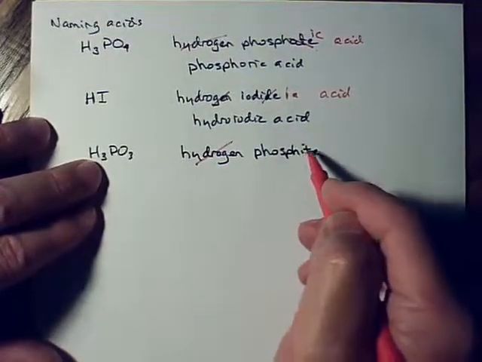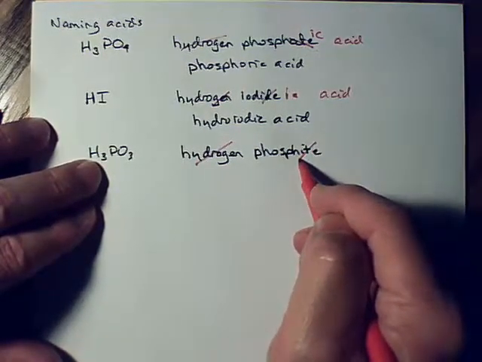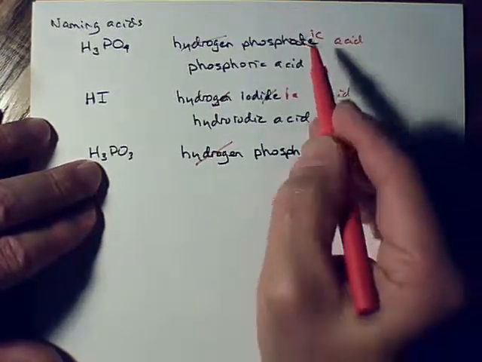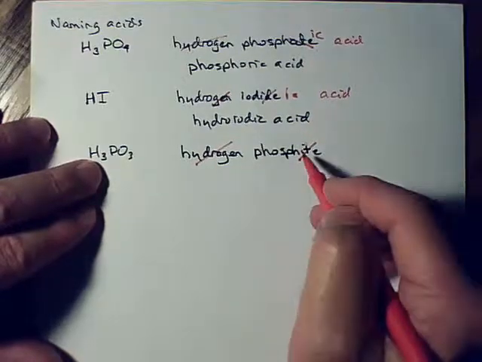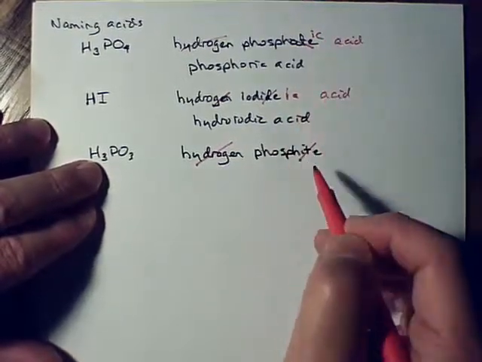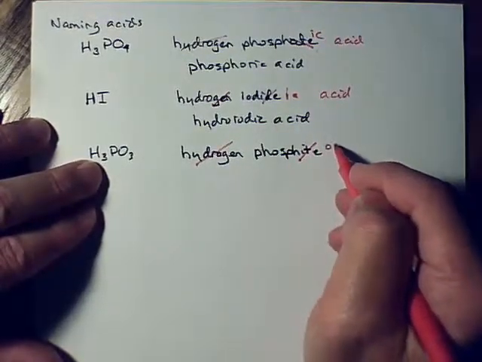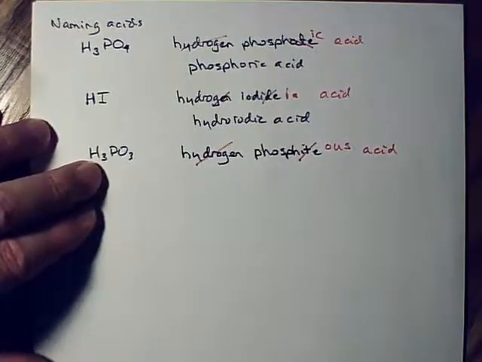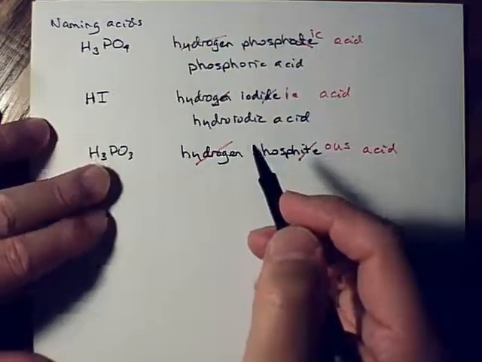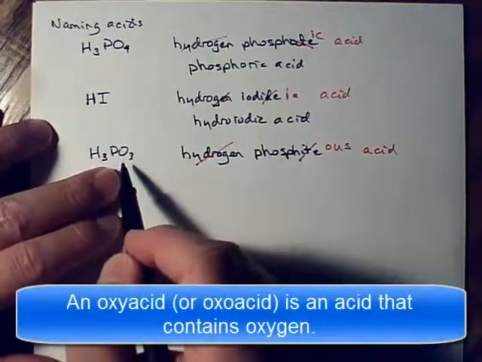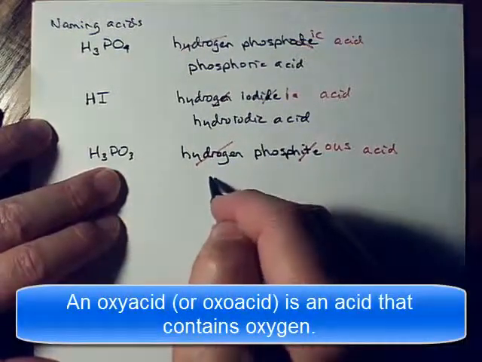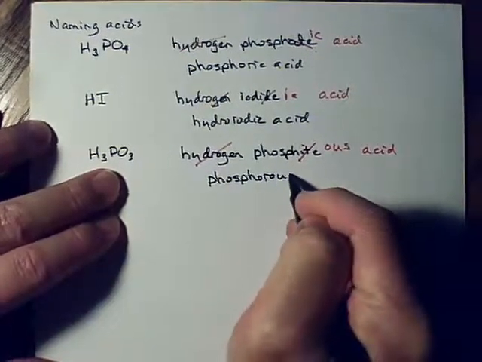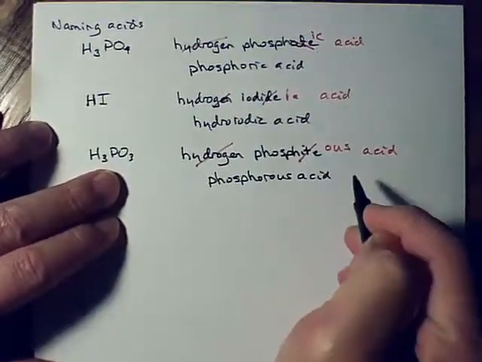And you're still going to drop the ite ending, but instead of making it ic, you differentiate between this acid and this one: ates get changed to ic, ites get changed to ous. It's phosphorous acid. This is also an oxyacid.